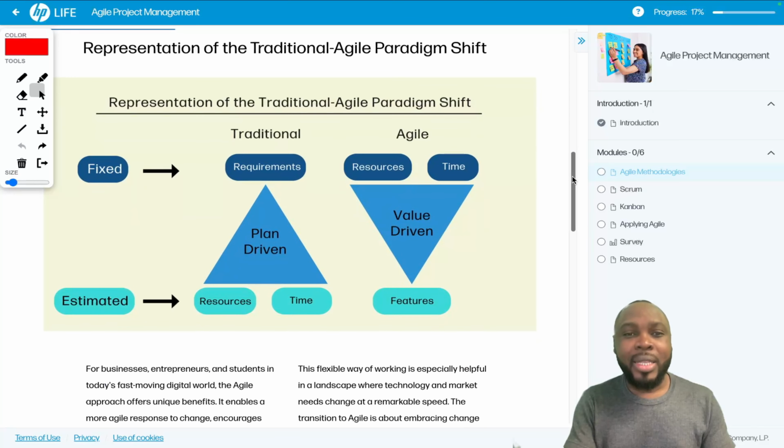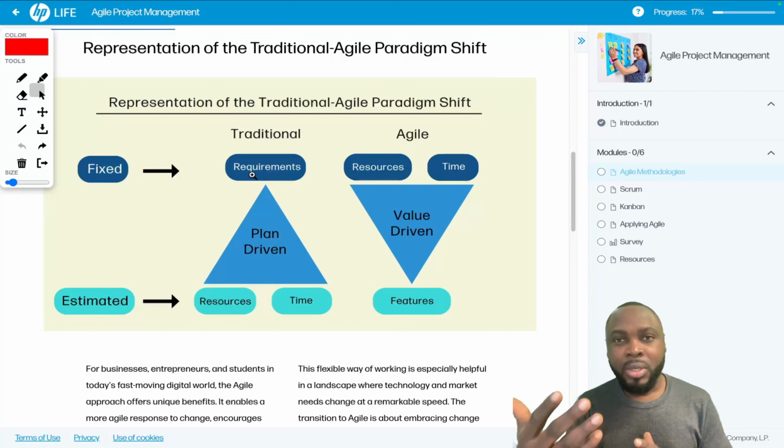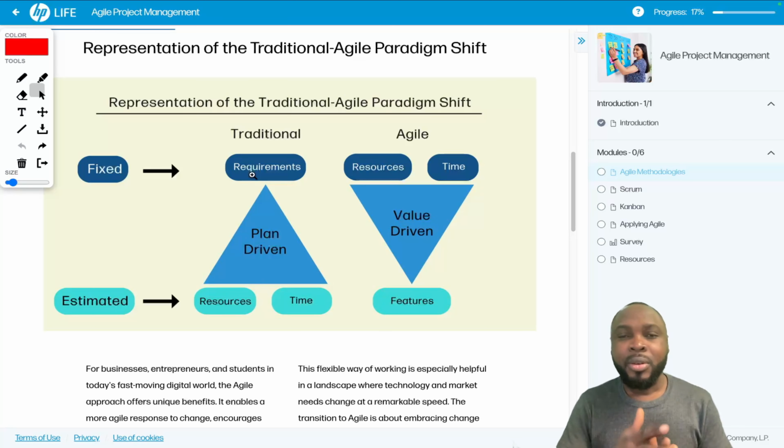Now, if you look at this representation, on the traditional side, the requirement is fixed. So for instance, we want to build a duplex. What are the requirements? They are fixed. It is a 10-bedroom duplex with 20 toilets, 5 sitting rooms.